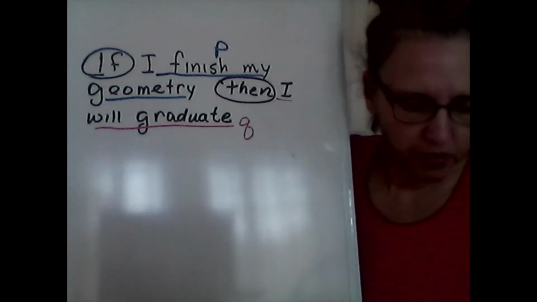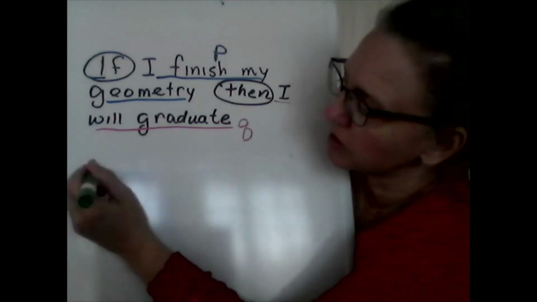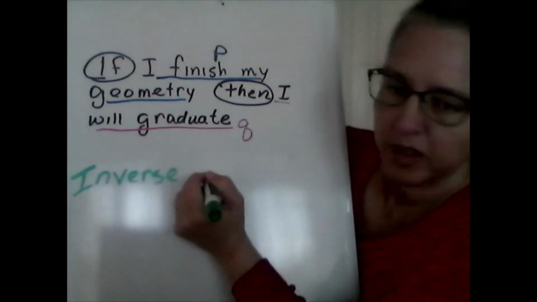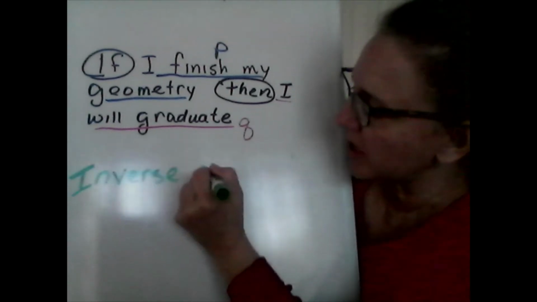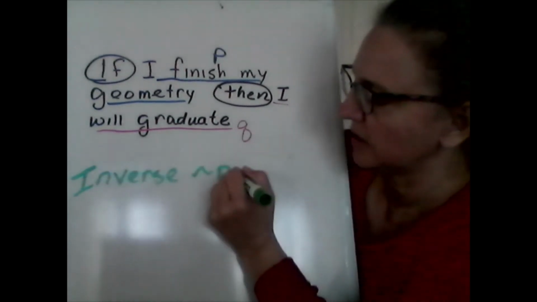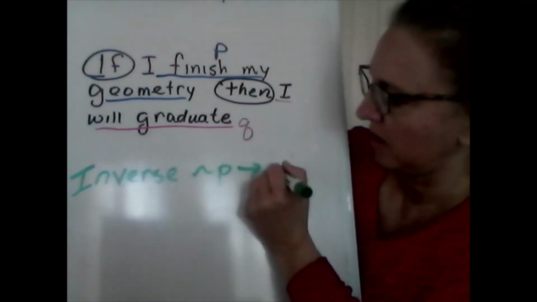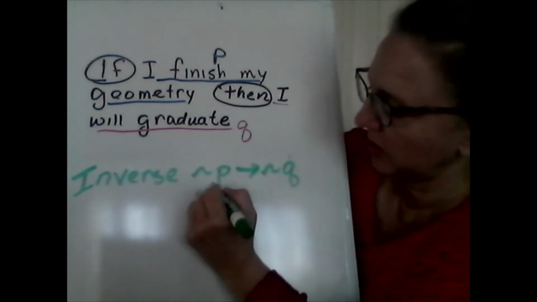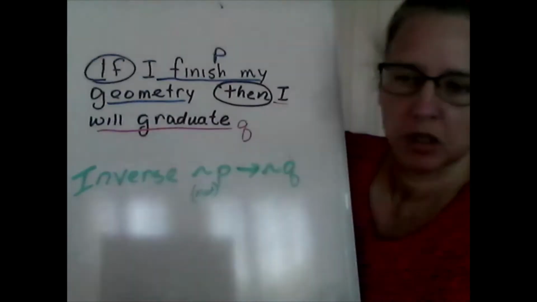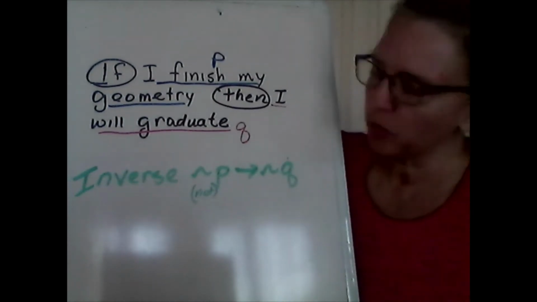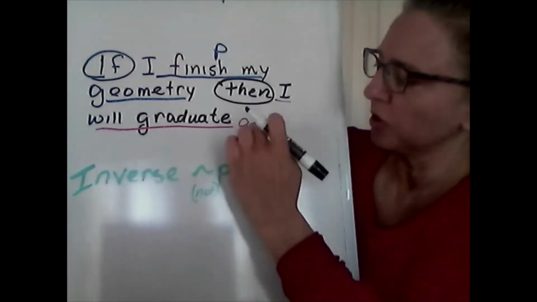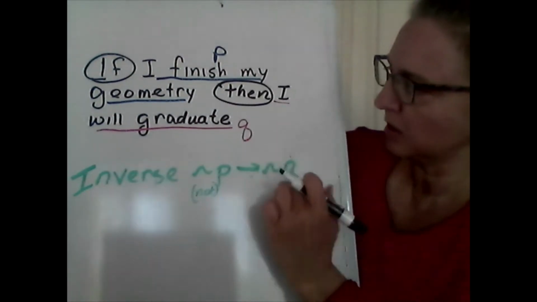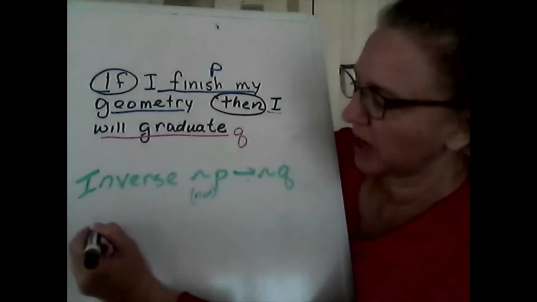For the inverse, we leave them in the same order, but we say not. This means not P, then not Q. So I just write it the same way, P first, Q second. If this, then this will happen, but I add the word not.